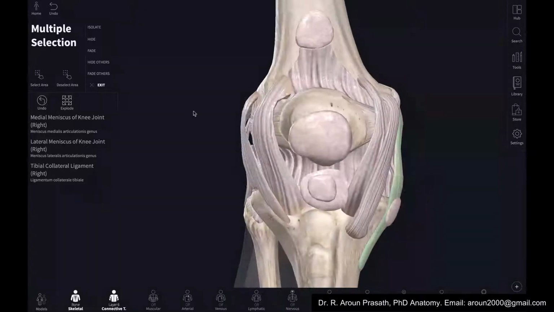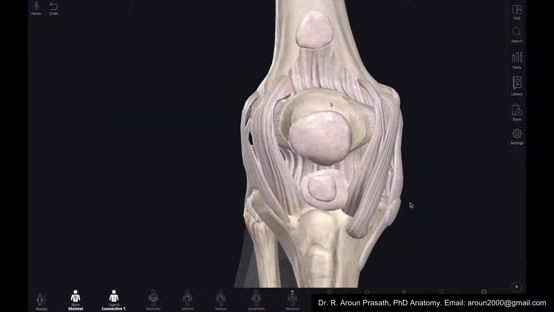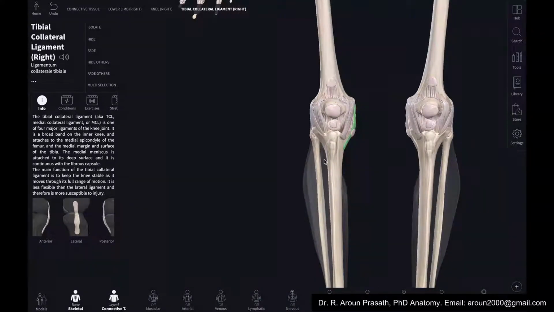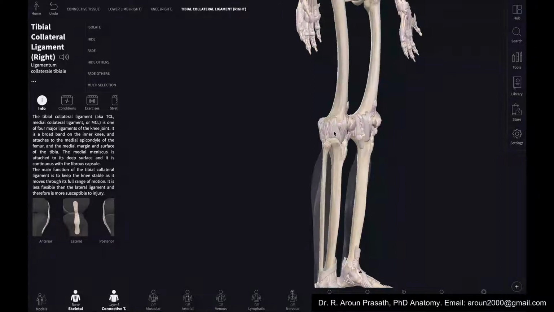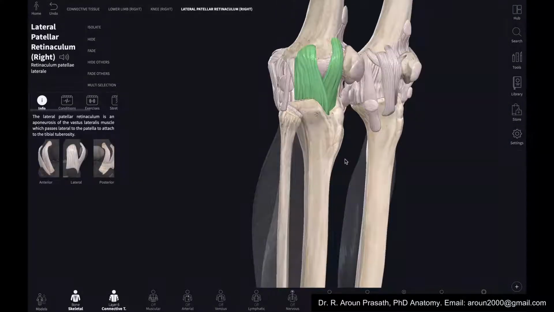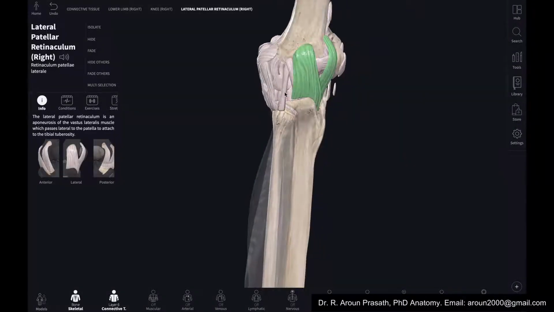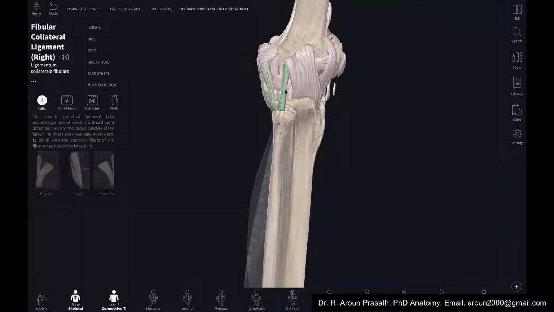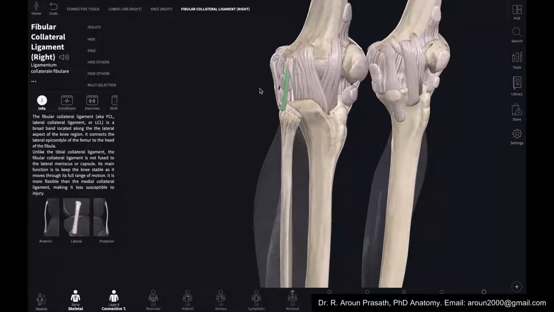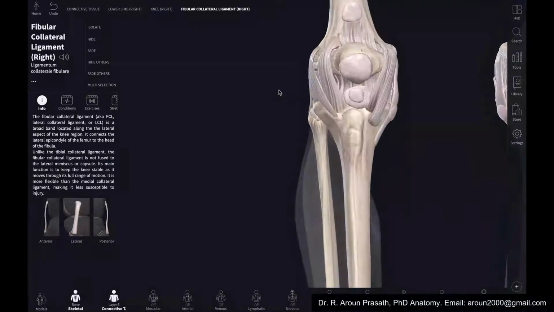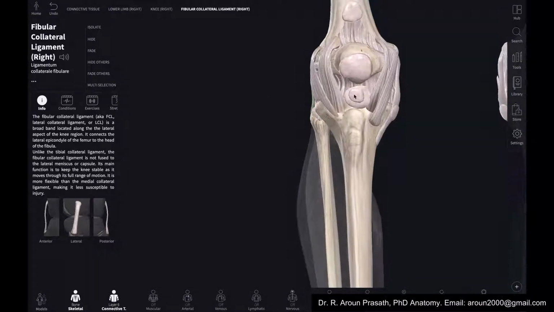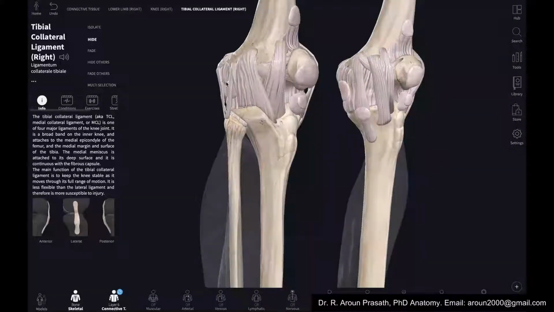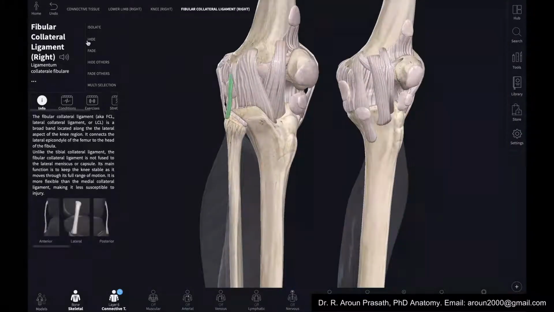This is the medial collateral ligament, also called the tibial collateral ligament, and this is the lateral collateral ligament, also called the fibular collateral ligament. These are two important ligaments. Then I will remove the tibial collateral and fibular collateral ligaments.